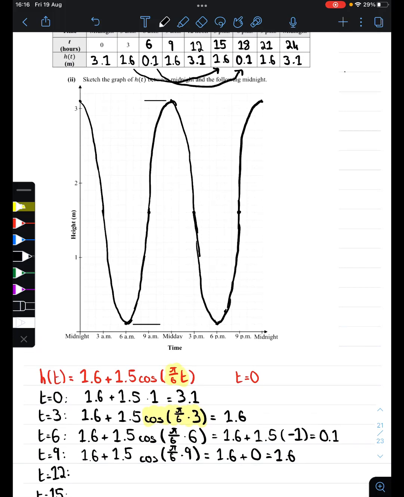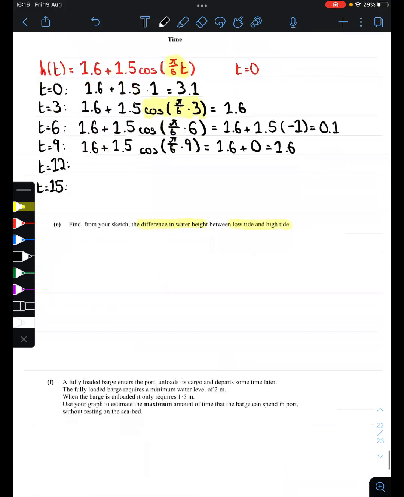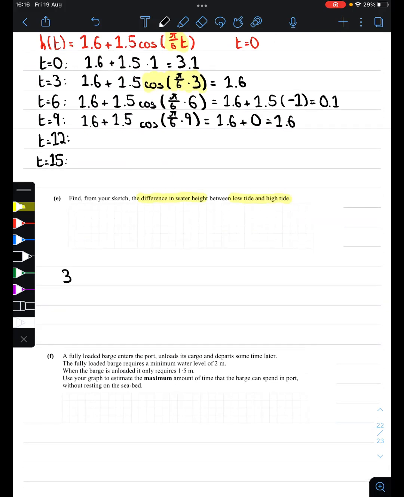And so the difference, from looking at the graph, looks like it's about 3. We know that the top is 3.1 and the bottom is 0.1, so the difference is 3 meters. So 3 meters between high tide and low tide.